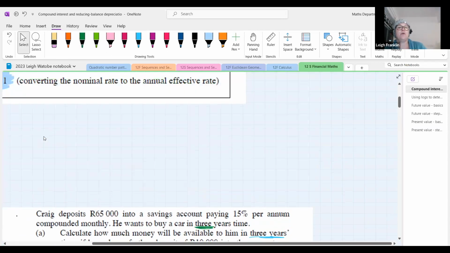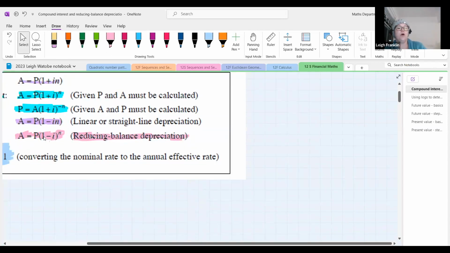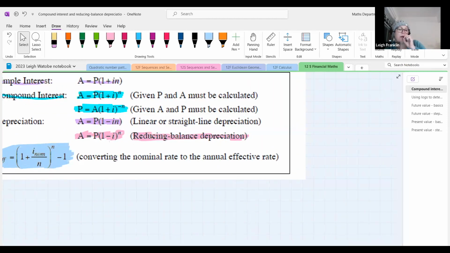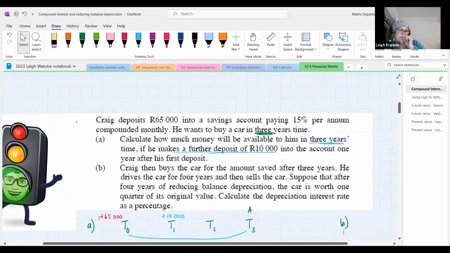I'll scroll up and go and have a look at the formula. What formula are we using for this question, guys? Which formula? Go down to the question again. Which formula do we need to use?